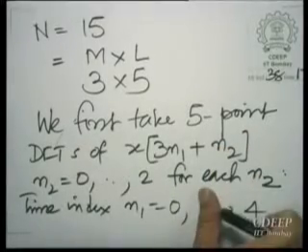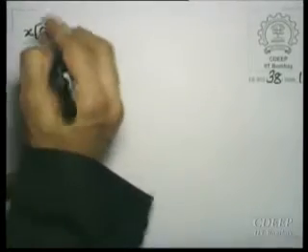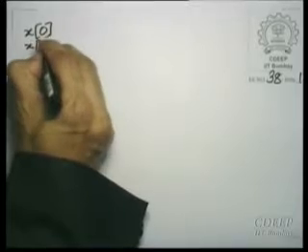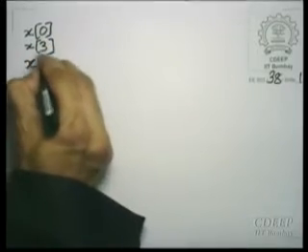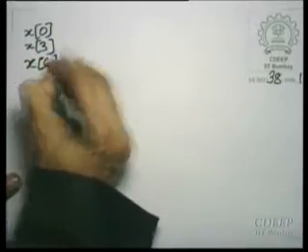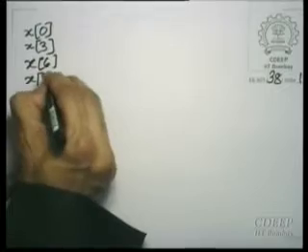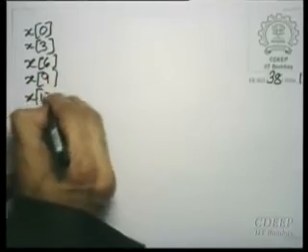So, the groups are going to look like this. We are going to have x0, x3, x6, x9 and x12, this is for n2 equal to 0.